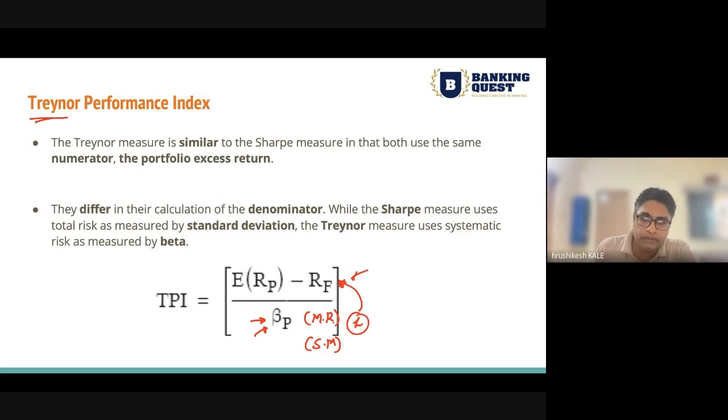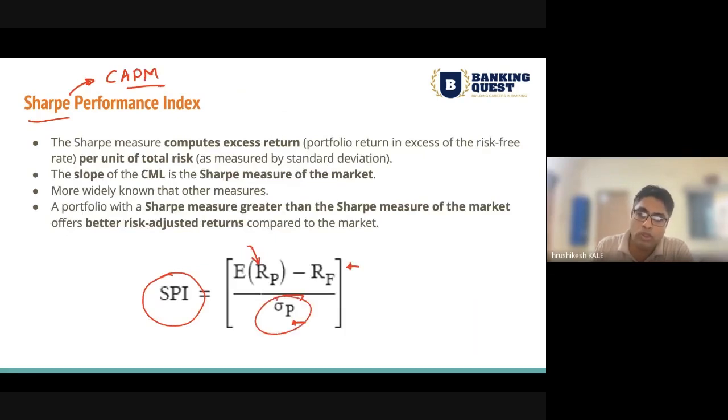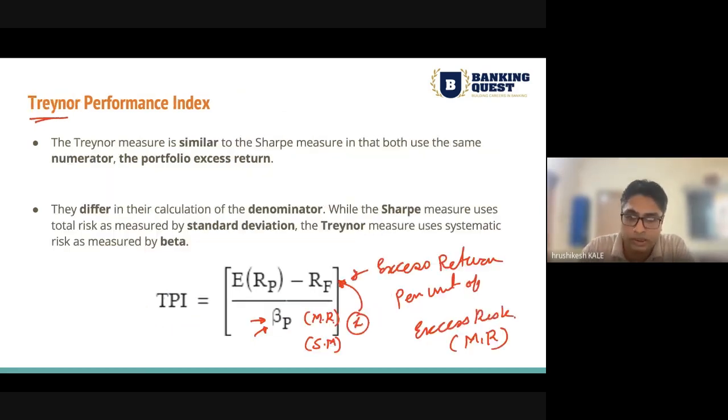Excess return, yes, there is definitely excess return, per unit of excess risk, that is important. And which risk? Market risk. In the Sharpe ratio, you have total risk, standard deviation, which is nothing but total risk.